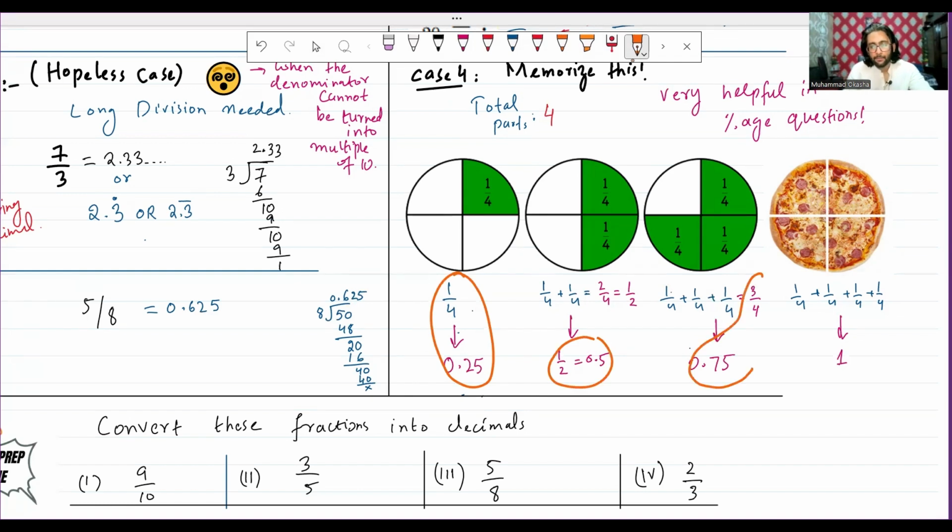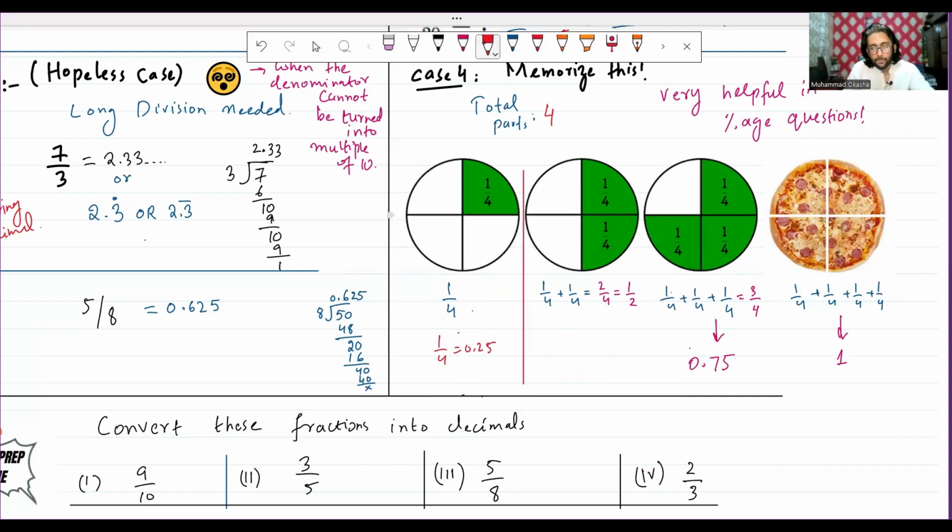There was a better way to write this, but how about I write it this way? 1/4 is equal to 0.25. 1/2 is equal to 0.5. 3/4 is equal to 0.75.